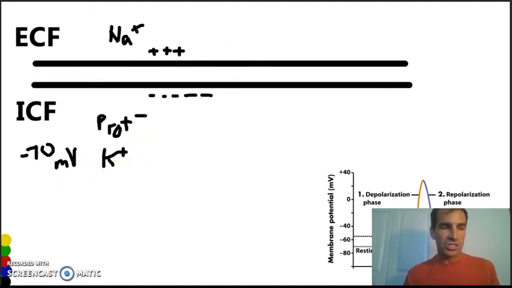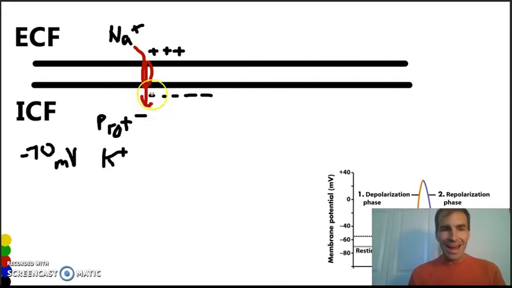When this occurs, these channels will open, and we'll make these channels red. Their channels here will open, and these are sodium channels. These sodium channels will allow sodium to come in.